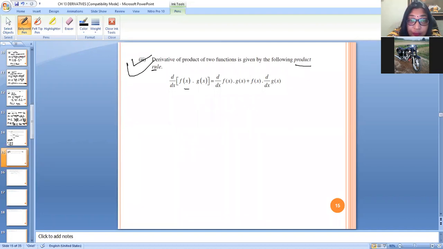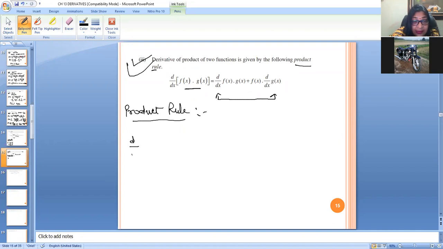The derivative of a product of two functions is given by the following product rule. We will apply a rule, and this rule is called the product rule. Now, what is this rule? When we have to find the derivative of f(x) into g(x), it will be the derivative of the first function f(x) into the second function g(x) as it is.